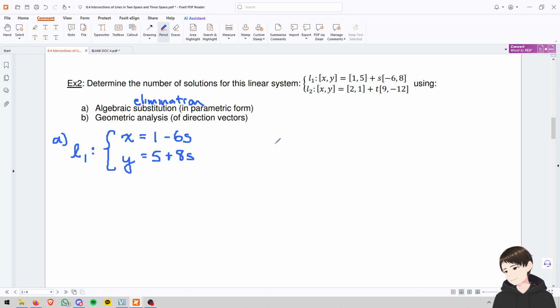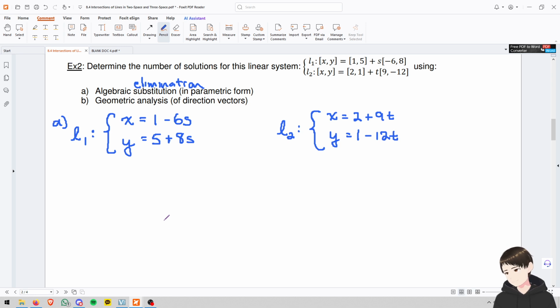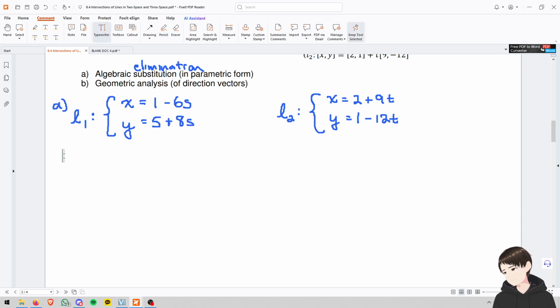Next, line 2 would be x equals 2 plus 9t and y equals 1 minus 12t. Yes, the parameters are different, obviously. Here we go. If they are going to intersect, maybe I should write this down.